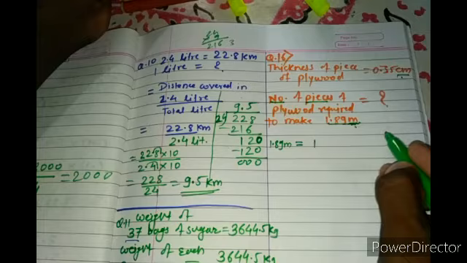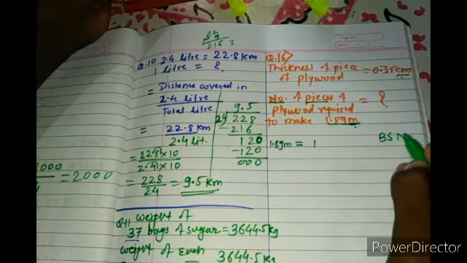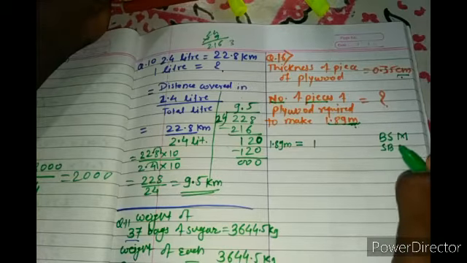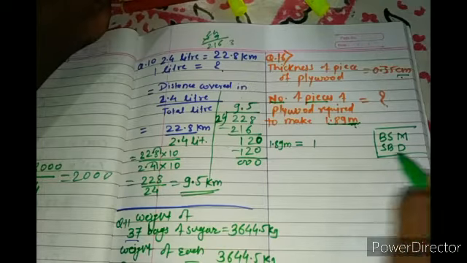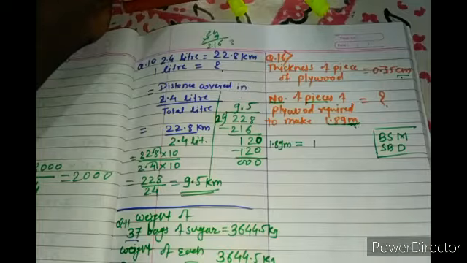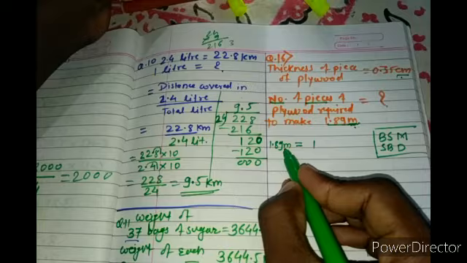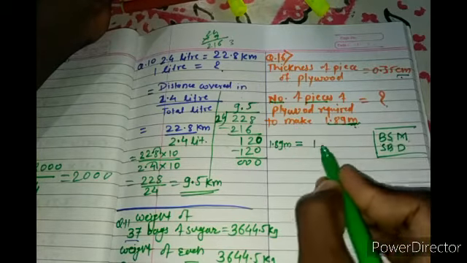SBD and BSM. BSM means bigger to small, multiply, and SBD means small to big, divide. These are very important rules, short forms, and we multiply or divide by the relation between the units. Now here meter is bigger, so bigger to smaller, multiply.